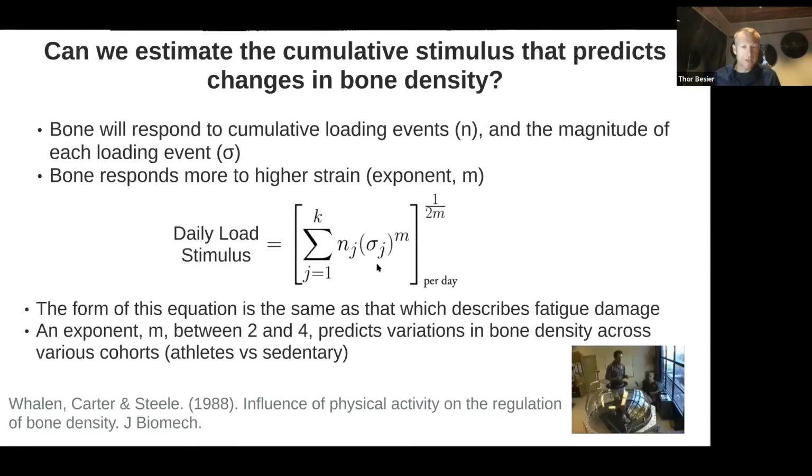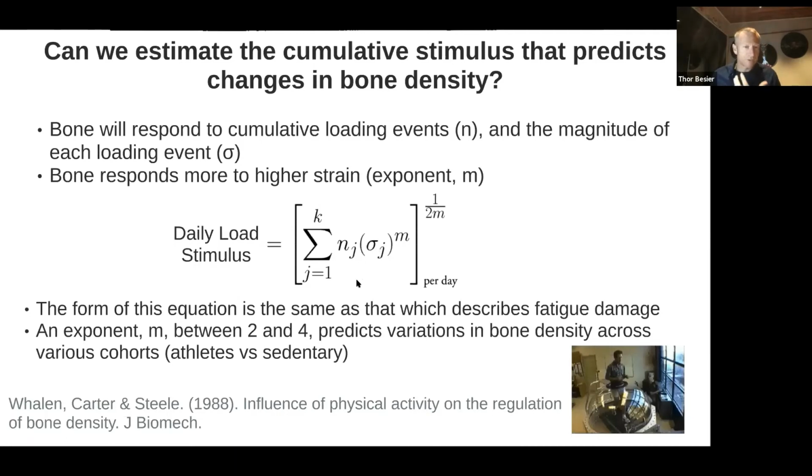So what that means, the stress is to the power of 2 or 4 times more important than the number of cycles. And actually, the form of this equation is very similar to the form of models that look at fatigue damage. So a life cycle of damage that accumulates in tissues, and it's been shown to fit experimental data for biological tissues rather well.